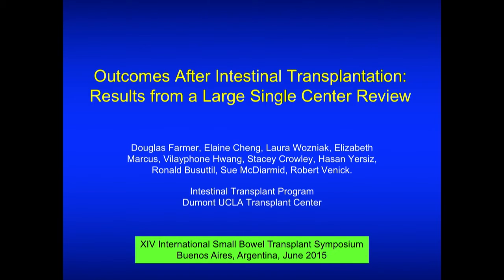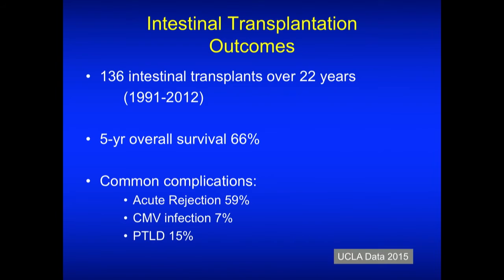About a year ago today, a lot of us traveled to Argentina, and we presented the outcomes from our intestinal transplant program at UCLA. In this particular update, we had 136 transplants that were performed over 22 years since the inception of the program in 1991. Our overall 5-year survival was 66%, so 2/3 of the patients are still alive after 5 years.